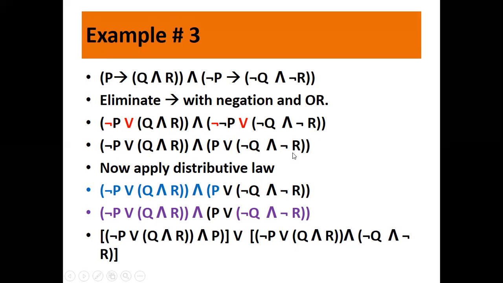Fine. Now we apply the distributive law. Why do we want to apply the distributive law? We don't want conjunction, we want disjunction. I have shown you how it will be applied so that this statement will be clear. This will be combined with this, and again this will be combined with this, in different colors. You can see negation of P, or Q and R, and P. Remember, this whole thing is one statement, and the main motive was to convert this to or.